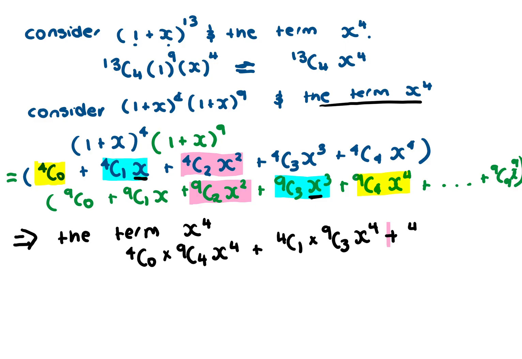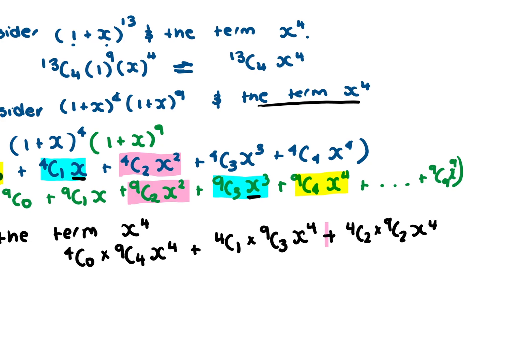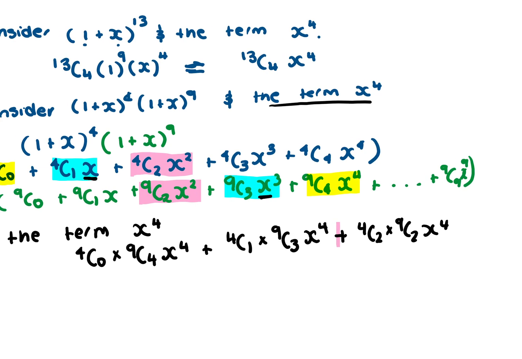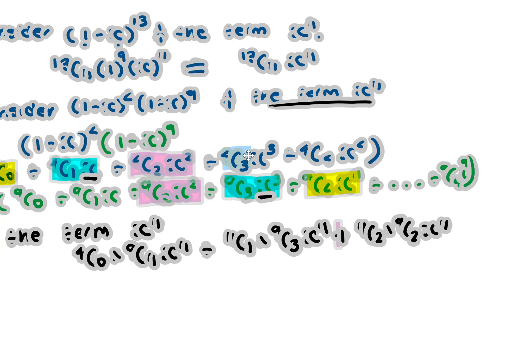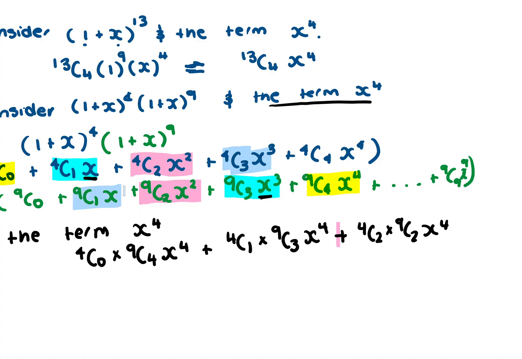Plus 4C2 times 9C2 x to the 4. And what else? I could do my x cubed with an x. That's 4C3 times 9C1 x to the 4.